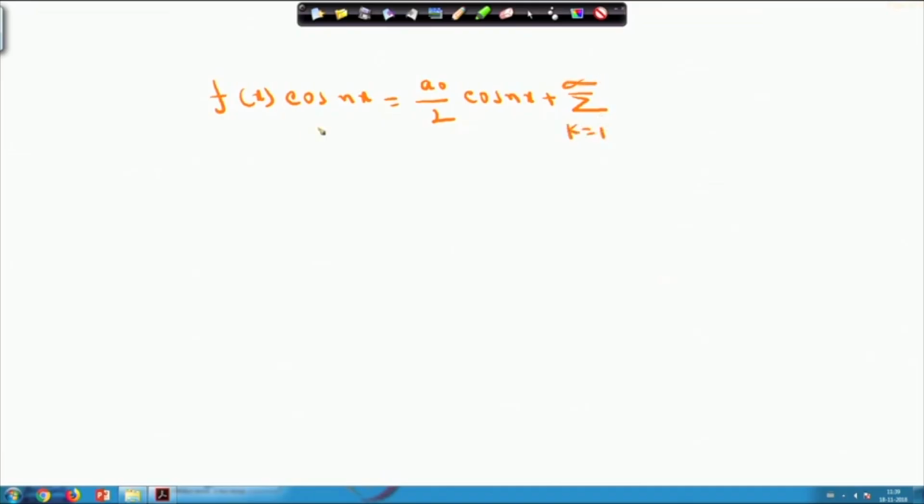Since I am multiplying by cos nx, I am changing this index. So, a_k into cos kx into cos nx, plus b_k into sin kx into cos nx. This I can write down.